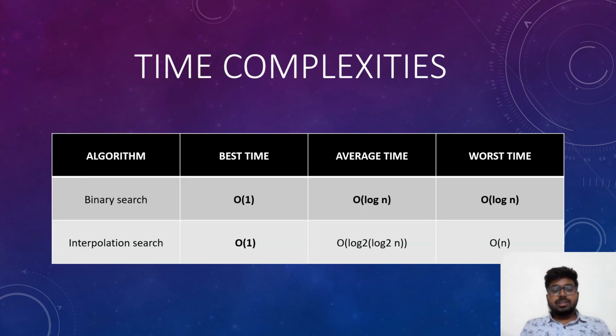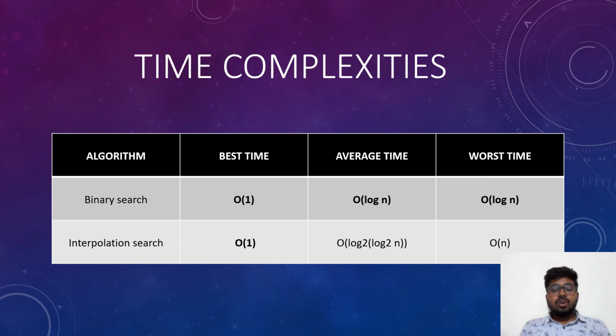Time complexities. As you have already seen the difference between binary search and interpolation search in the previous slide, now let us see the time complexities of both the search techniques. The best time complexity of binary search is big O of 1, and interpolation search is also the same as binary, that is big O of 1.